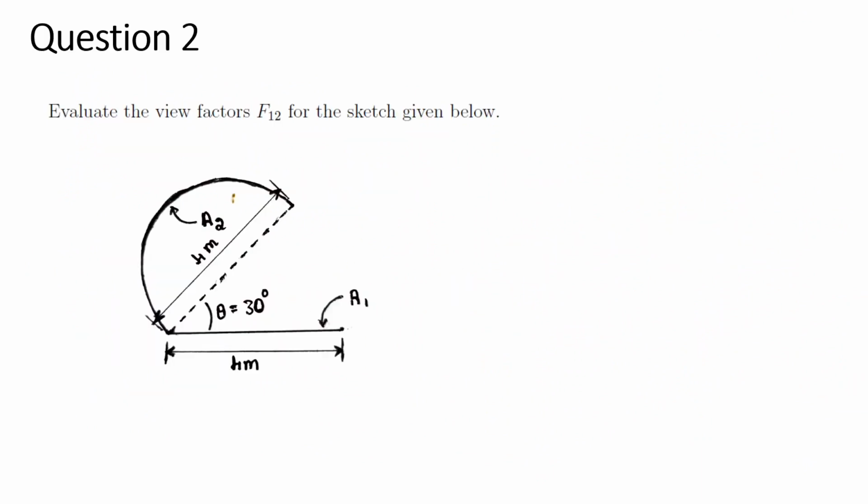So this is again a similar question whereby we have to use the given formula in order to find the view factor. We have been asked to evaluate the view factor F12 for the sketch given below. If you see over here, we have a surface 1 with an area of A1 and let's say length of 4 meters.